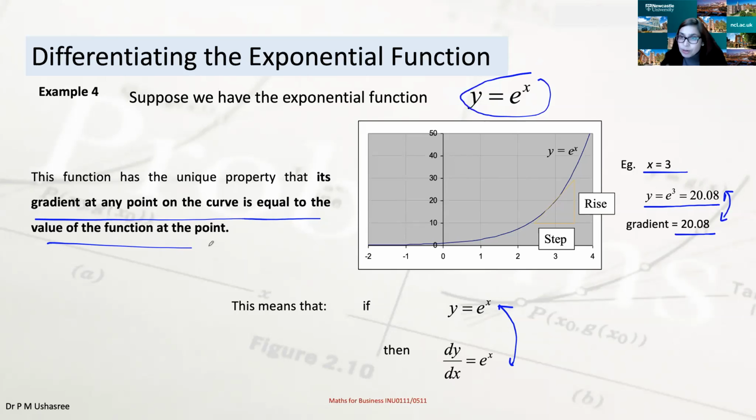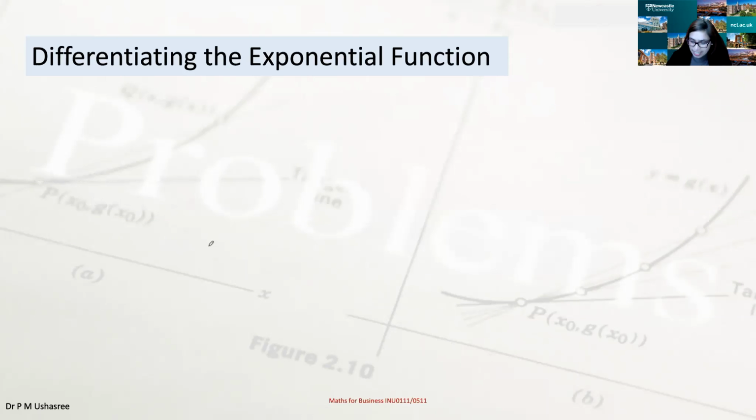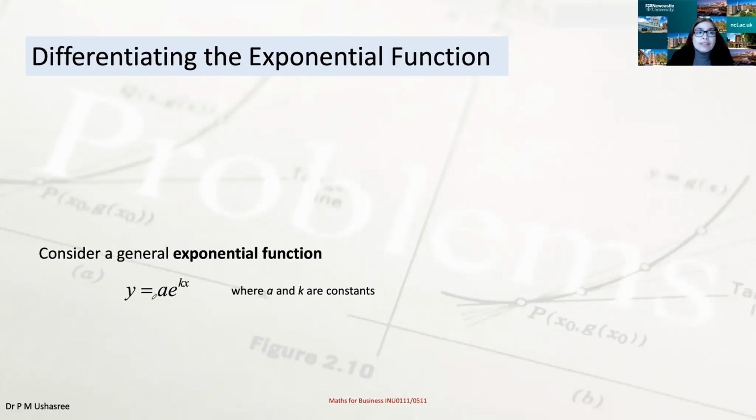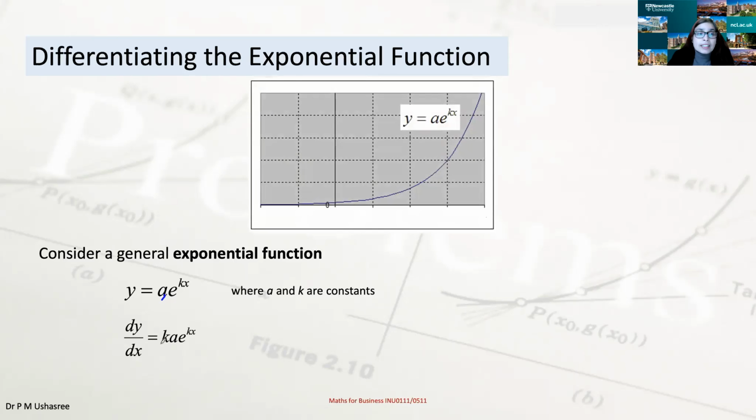Okay, guys? So for the exponential function, we can say in general, if you have a as a coefficient of e to the power of kx, and k and a are constants here, then dy by dx is nothing but k times a times e to the power of kx, where k is the coefficient of x. That's it. So you write this exponential term exactly like that, a exactly like that, but you multiply it by k, the coefficient of x.